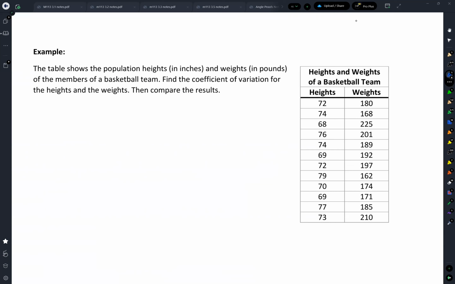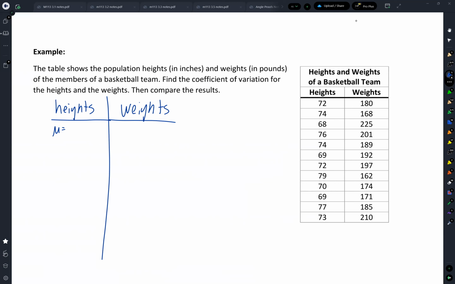Okay, so using my calculator, I found the mean height, let's do heights, and then weights. The mean of the heights, this is a population, my calculator tells me is 72.75.